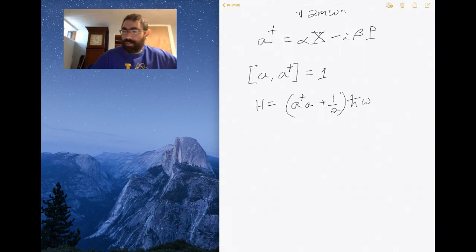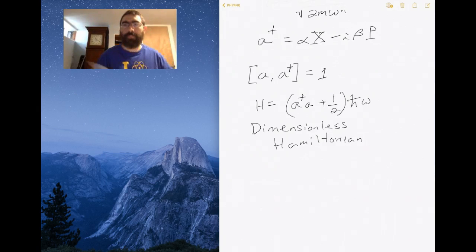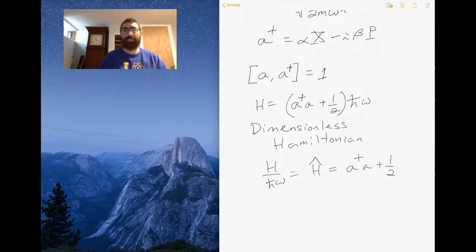So I could write down something now called the dimensionless Hamiltonian, where I basically divide out the operator by h bar omega. So I'm going to call that H hat, which is A dagger A plus 1/2.